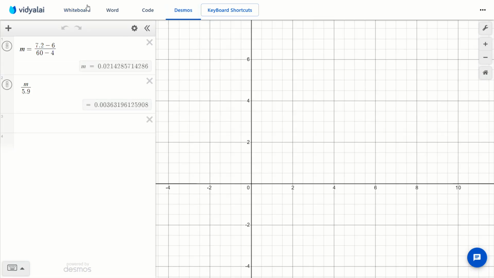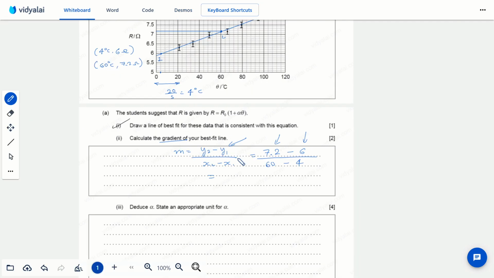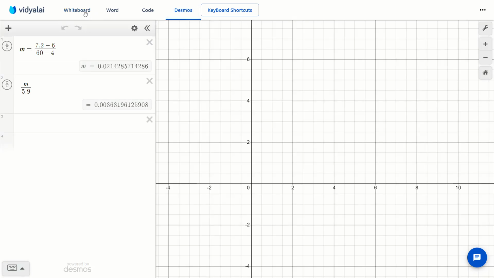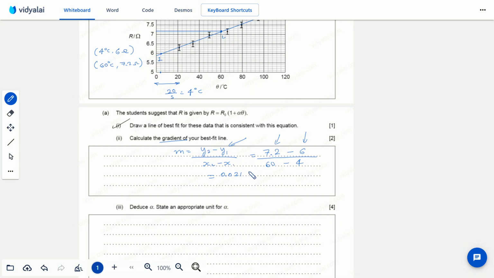Okay, so I have already calculated the value, so it's this one. I'm going to write an approximate value of that calculated figure. So it's 0.021, and its units will be ohms per degree Celsius. Why?